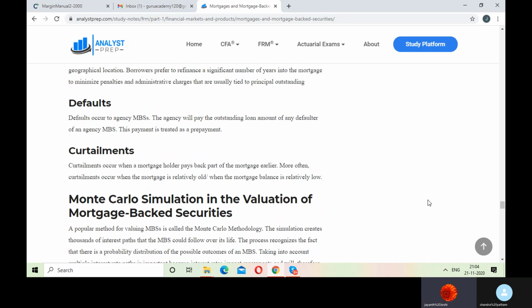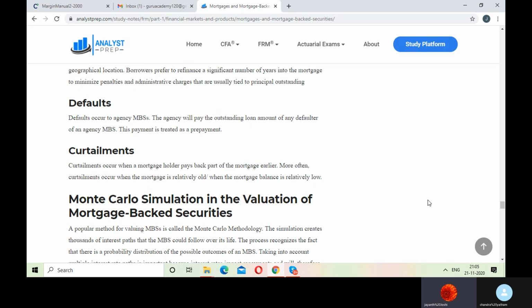Defaults occur to agency mortgage backed security. The agency will pay the outstanding loan amount of any defaulter of an agency mortgage backed security. This payment is treated as prepayment. I mean to say, if there's a default, or if you have taken some insurance, at that time also prepayments will be made.